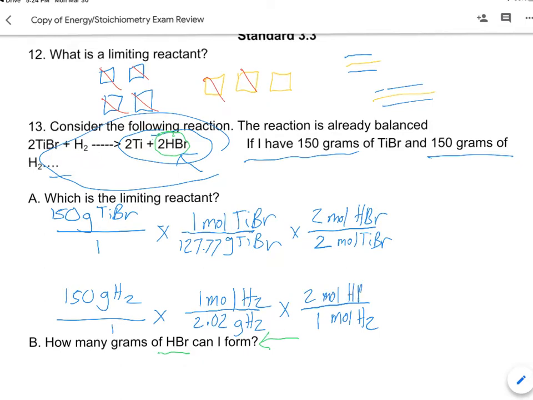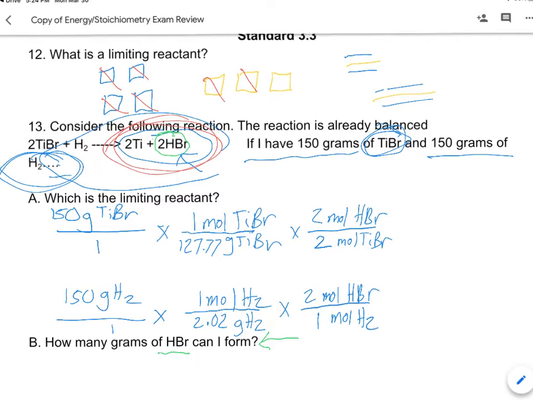Okay, now one common mistake with these limiting reactant problems is starting with titanium bromide and then trying to calculate how much hydrogen, or starting with hydrogen and trying to calculate how much titanium bromide. That is not what you want to do. What you want to do is calculate for both starting reactants how much of one of the products you can make.